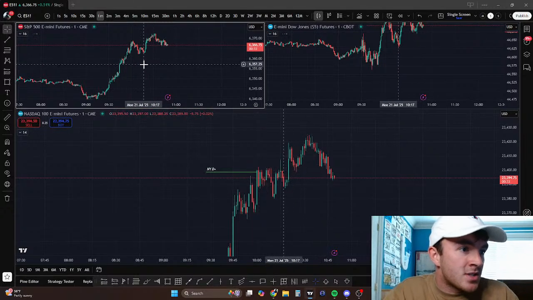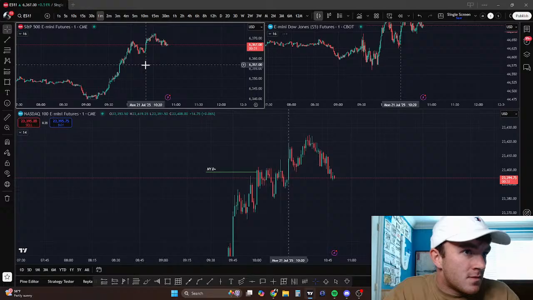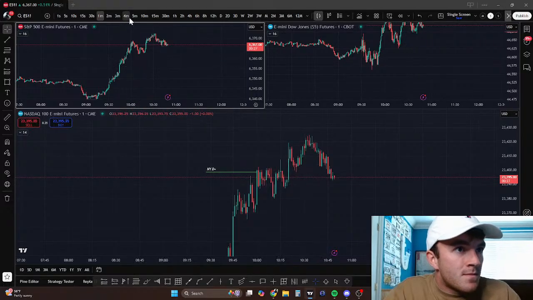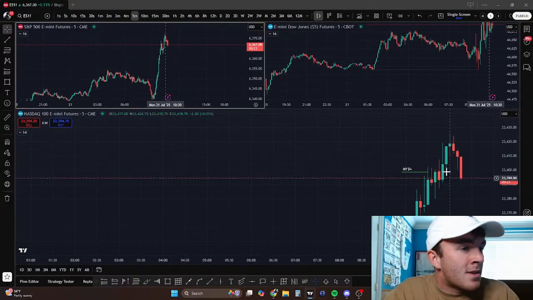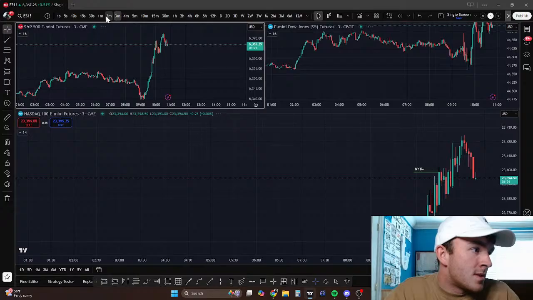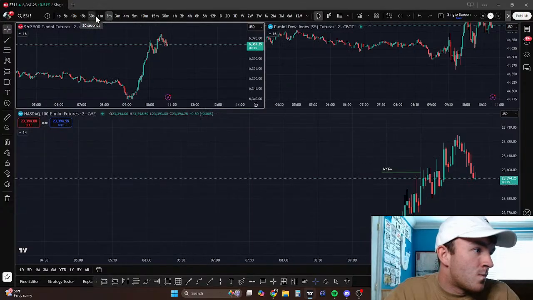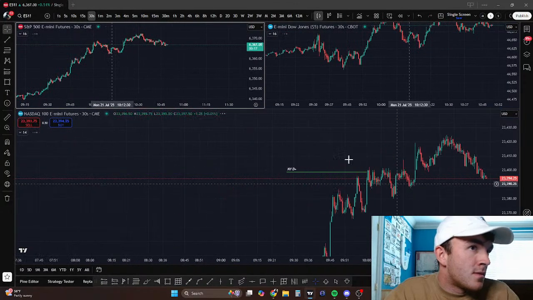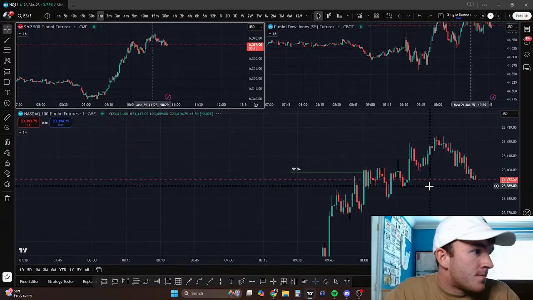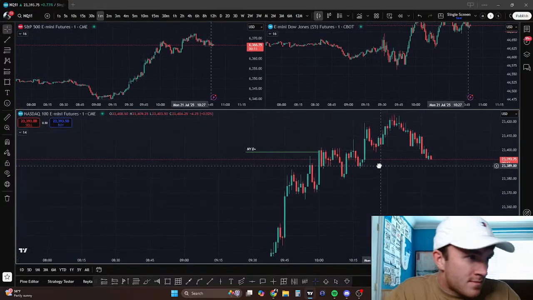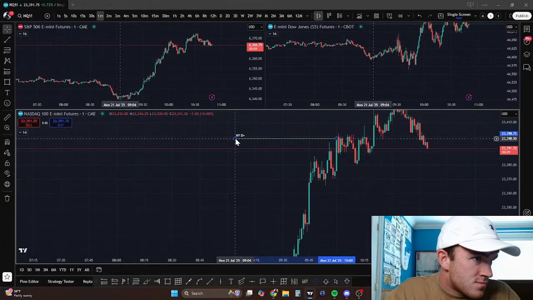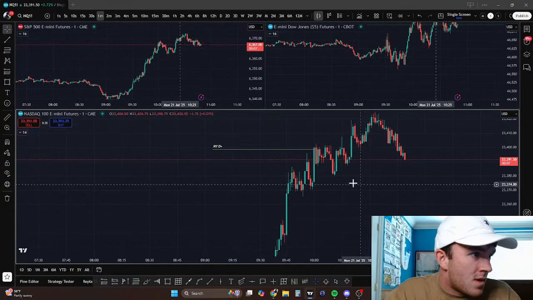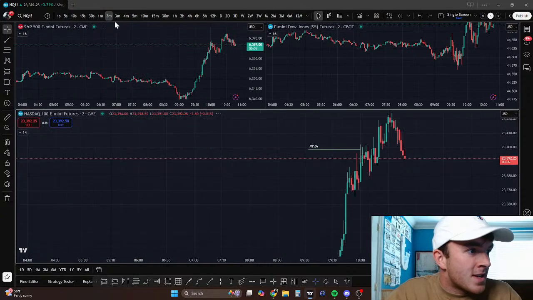Price action is actually doing something. Do we got any 5-minute gaps? Not really. 3-minute, 2-minute, 1-minute. Yeah. Alright, we are inversing this to the downside.